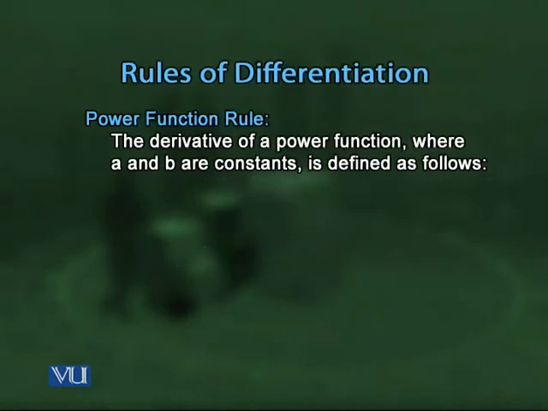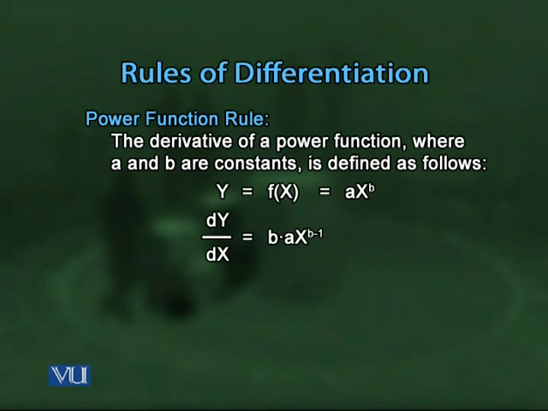The next rule that we have to consider is the power function rule, where the function is raised to some power. Let's say we have y equal to x raised to the power n. Then the derivative of this function will be dy by dx equal to n times x raised to the power n minus 1.